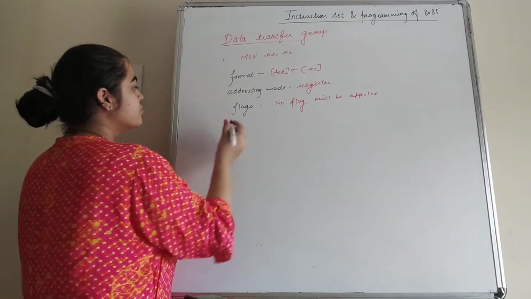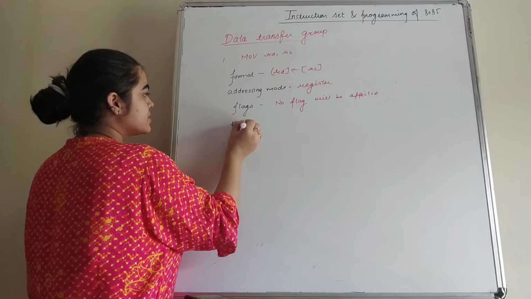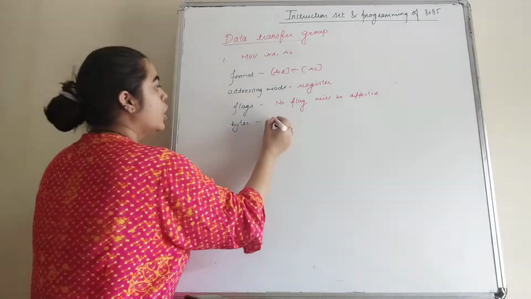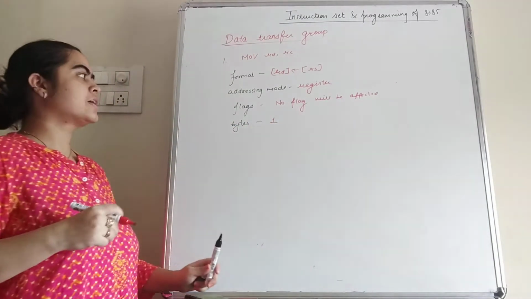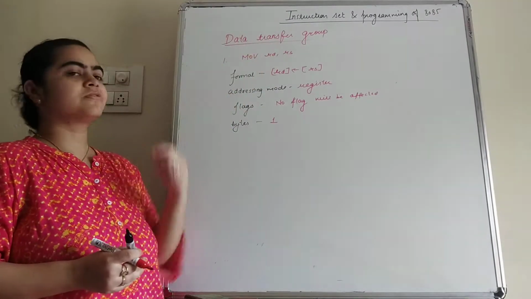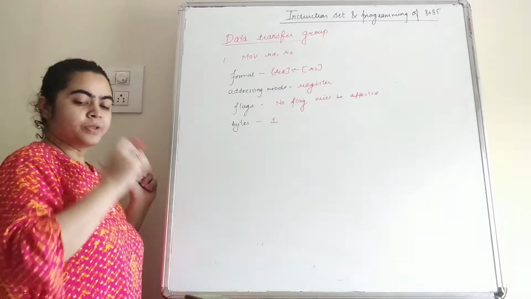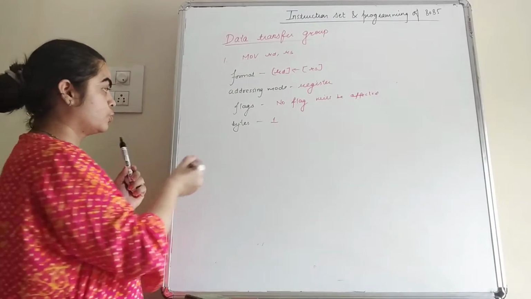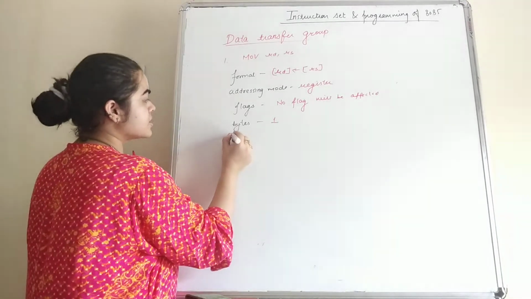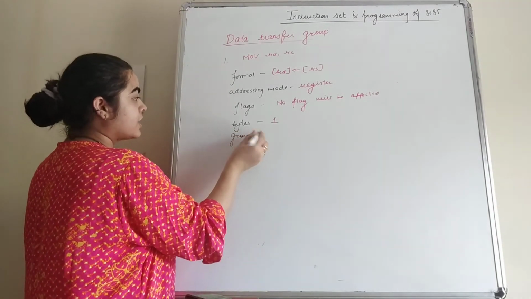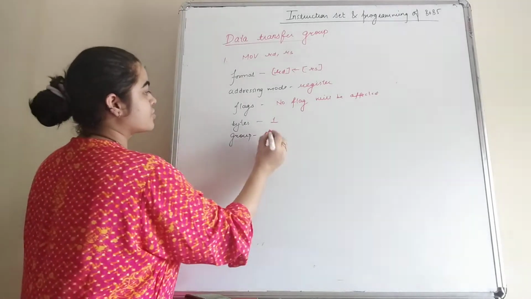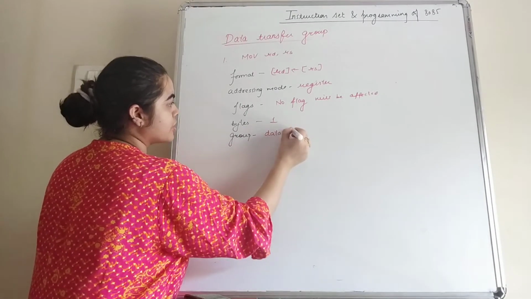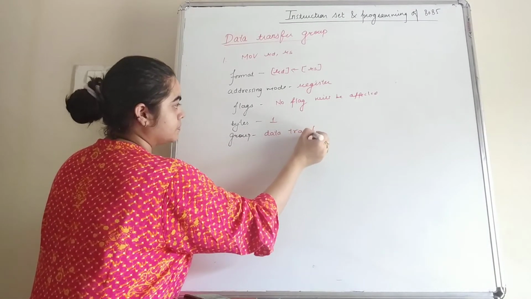How many bytes will be used by this instruction? 1 byte, because no data as well as no address is specified in the instruction. Next one is the group. The group of this instruction is the data transfer group.